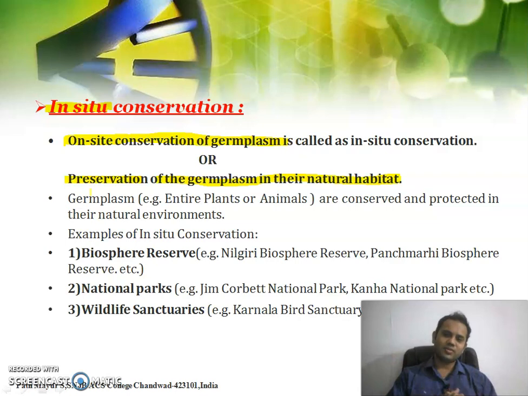If I ask you about different Biosphere Reserves, like Pachmarhi is there, Nilgiri Biosphere Reserve is there, then different national parks are there, for example Jim Corbett National Park, Kanha National Park.